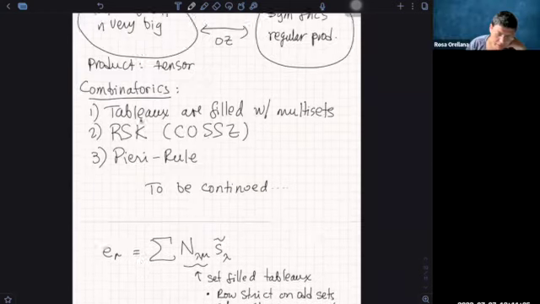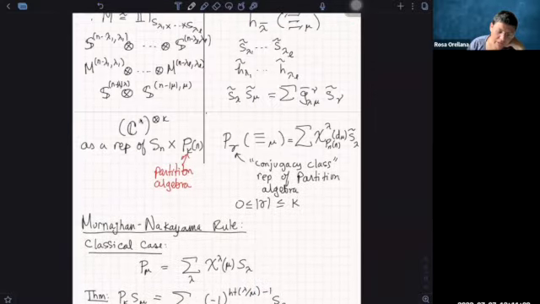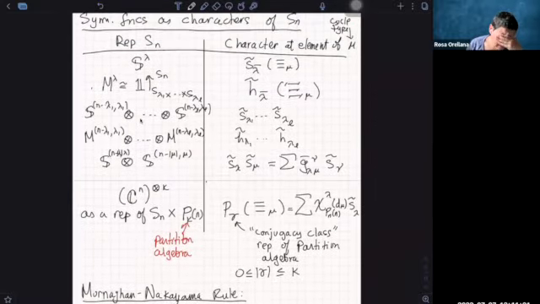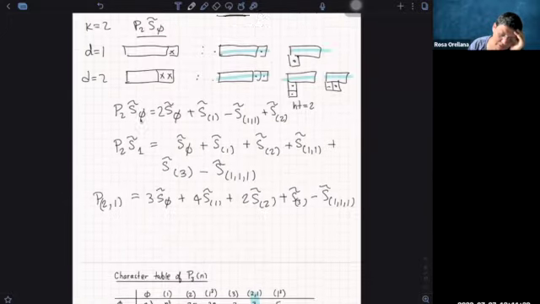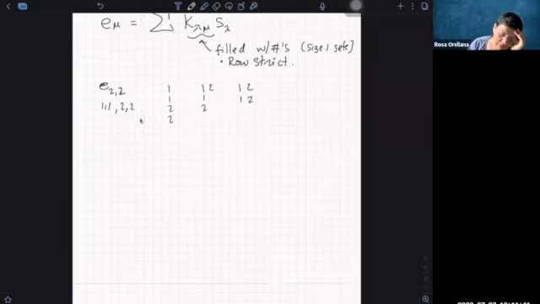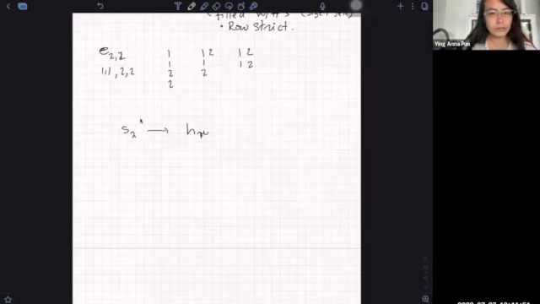Because I was thinking about your question about the Jacobi-Trudi identity. How does Jacobi-Trudi come in? Jacobi-Trudi comes in when you want to write s lambda in terms of the h mu.